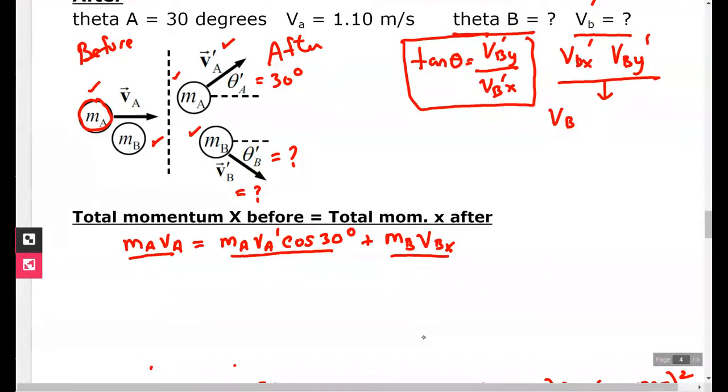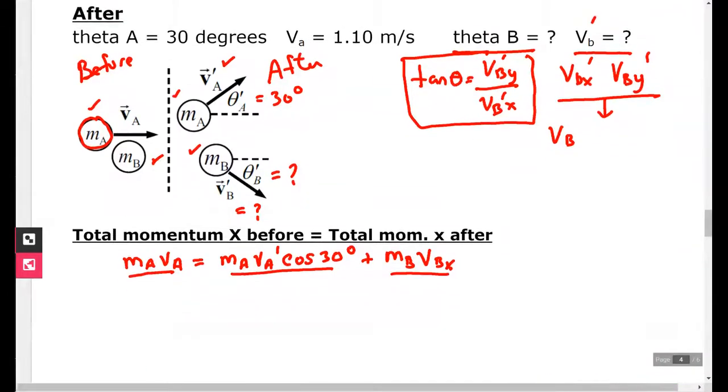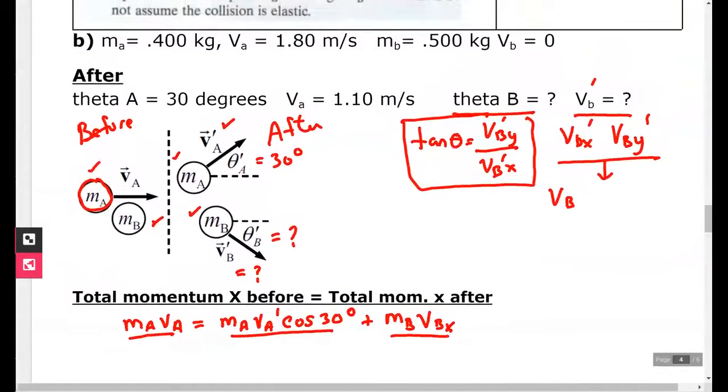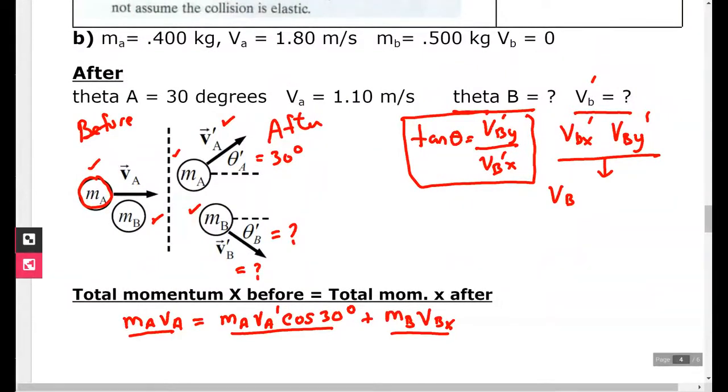So let's do a little substitution. It's nice and convenient that I put everything up top here, which is what you should do too. Just have everything available for you to pull down. MA is 0.400 kg times VA, which we're given as 1.80 meters per second.